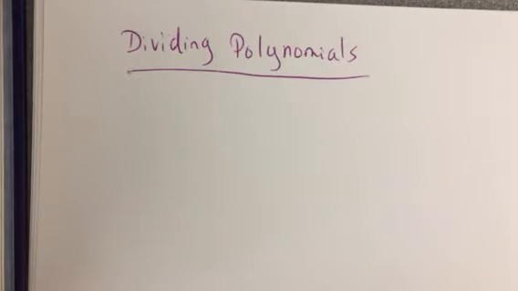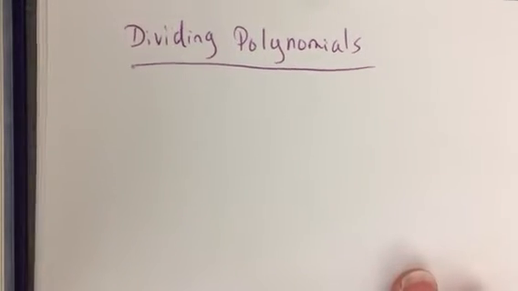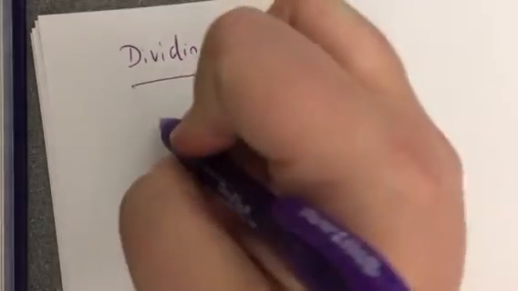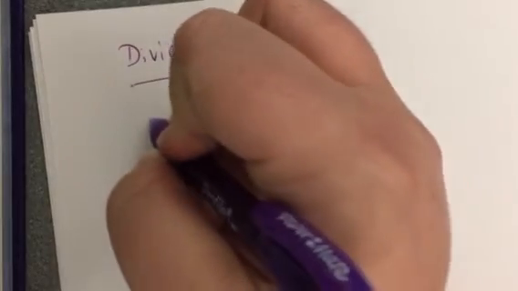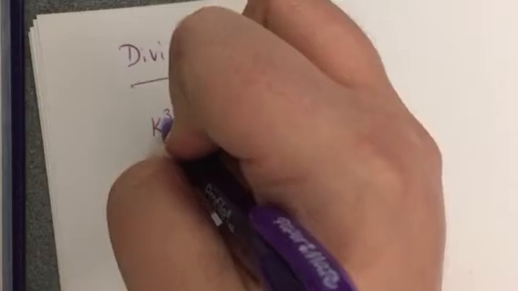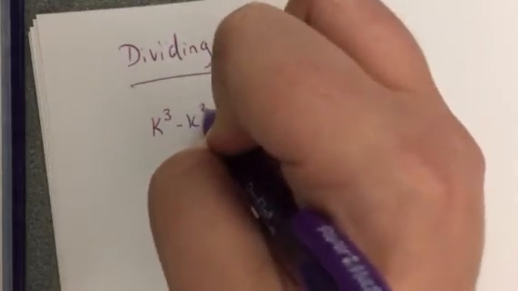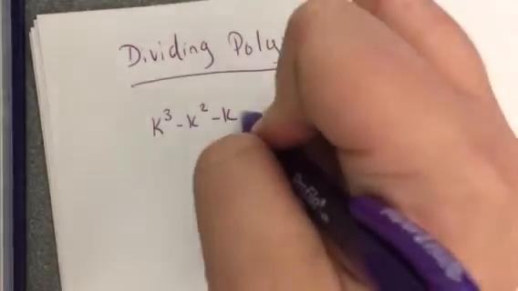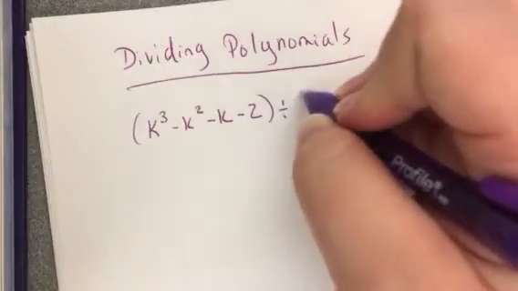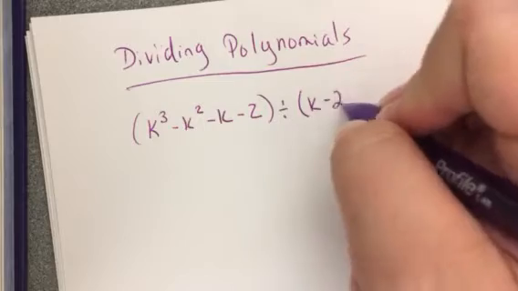So again, dividing polynomials, we focus on the long division steps. Let's start with a couple of polynomials here. We're going to divide k to the third minus k squared minus k minus 2 by k minus 2.